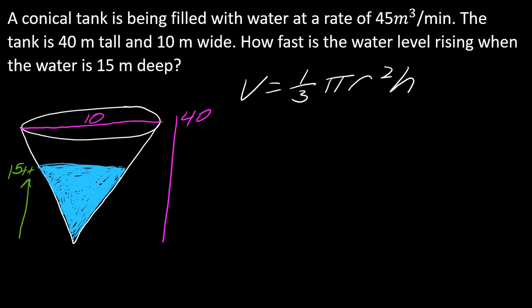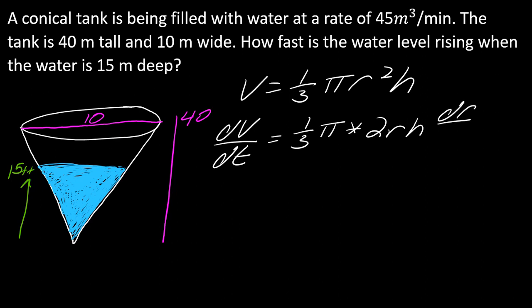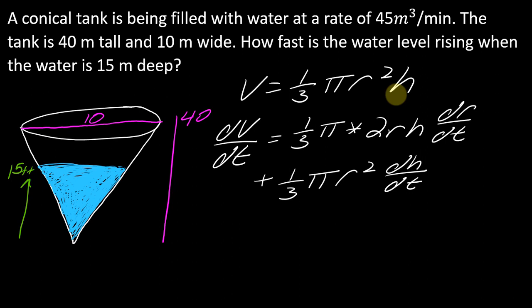So keeping that in mind, if I implicitly differentiate, this is going to be dV/dt equals 1/3 pi times 2rh dr/dt plus 1/3 pi r squared dh/dt. So I had to use the product rule here because I've got r squared and h.